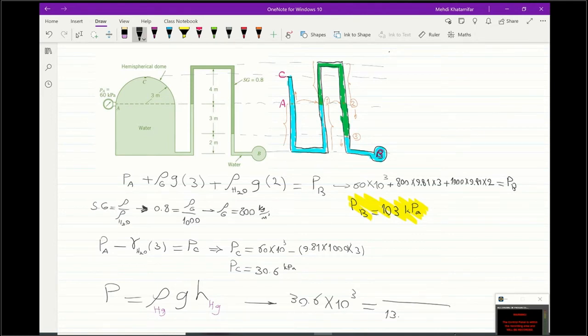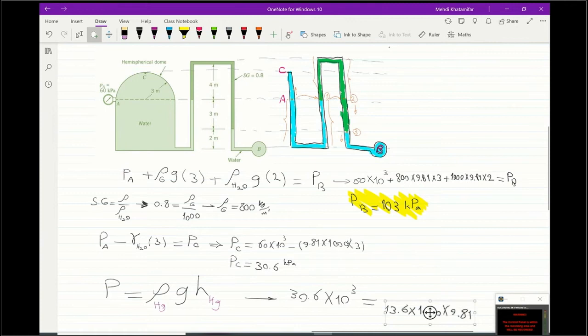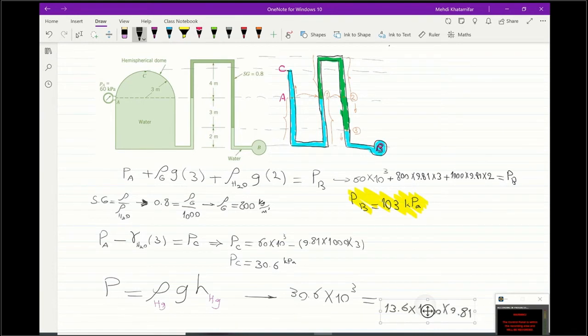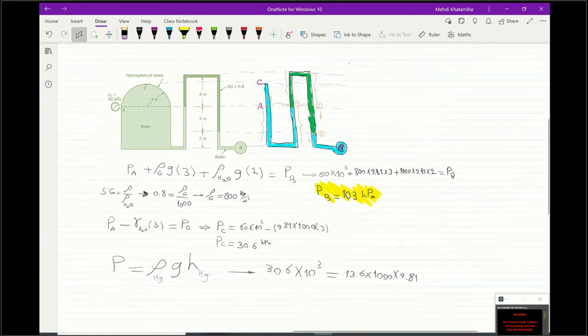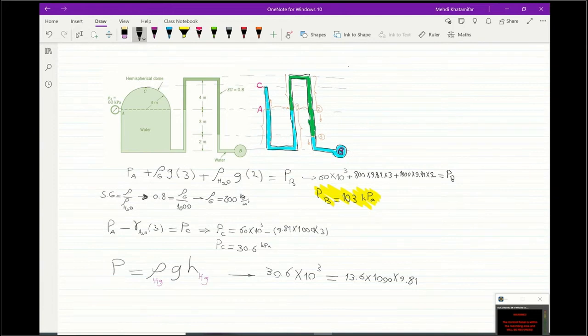13.6 times 1000, the density for mercury, times 9.81, times h for mercury.